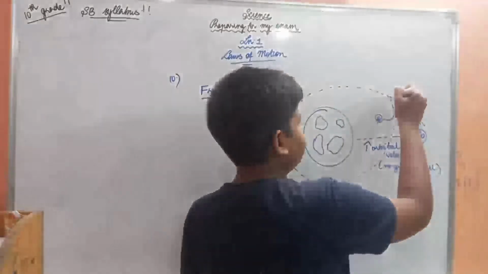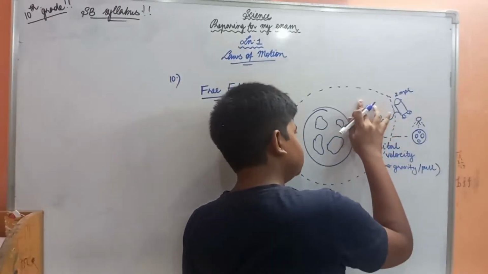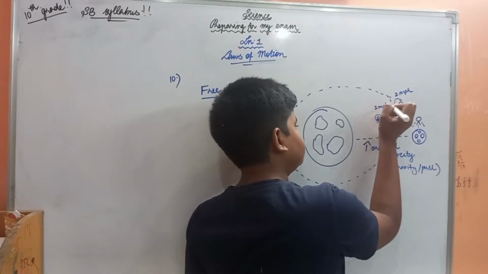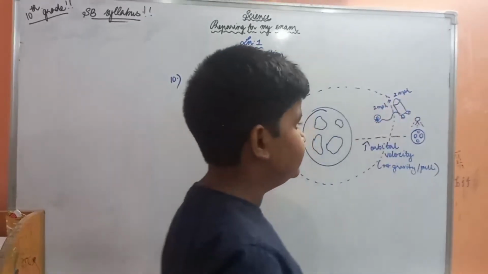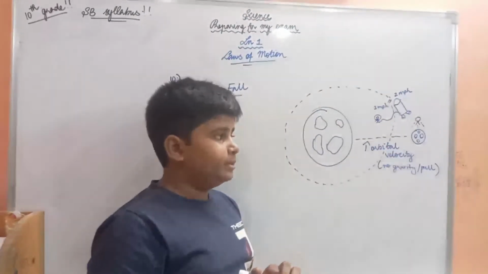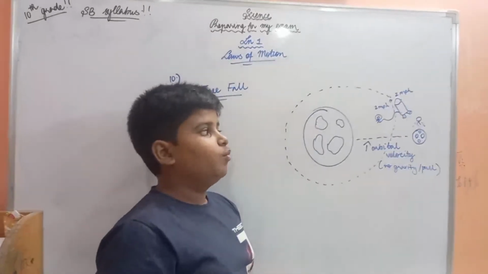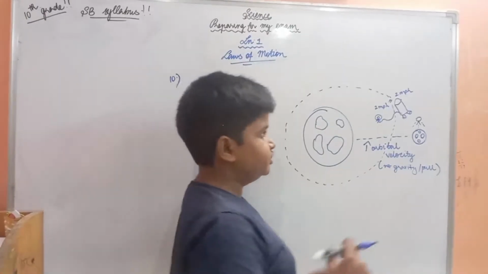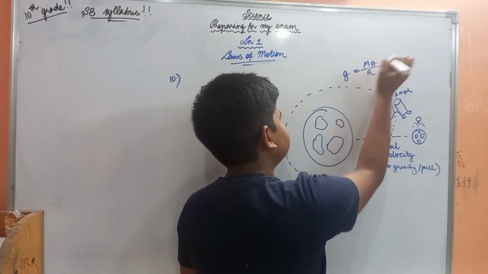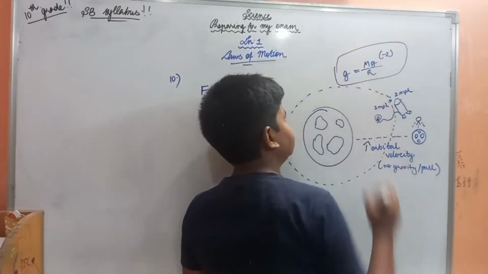So if the rocket moves by 2 meters, the astronaut also moves 2 meters, and they have the same speed. So they cannot move as they wish. It depends on what they're holding on to and what pushes them off. So this is the free fall condition. Free fall depends on gravitational force, like mg by h and quantity of 2. This is the gravitational proportionality.